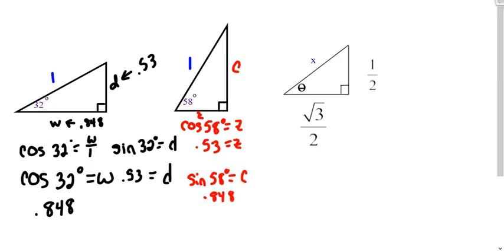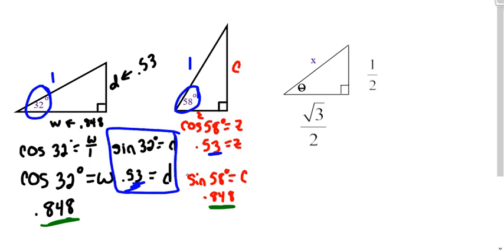Hopefully you saw a pattern. Maybe you didn't, but what you should realize is 0.848 is here, 0.848 is here, 0.53 is here, 0.53 is here. These angles are complementary. For this one, the 0.53 was the sine of the angle, and this one is the cosine of the angle.